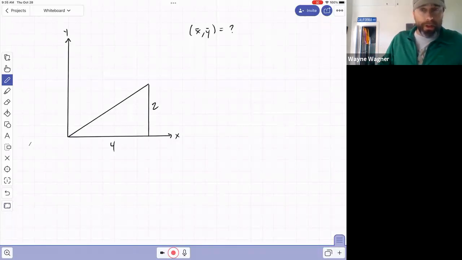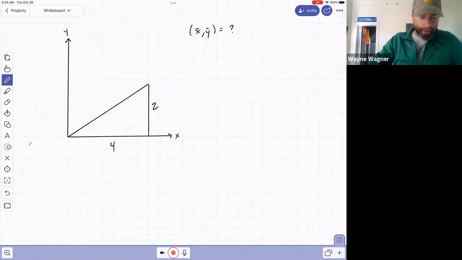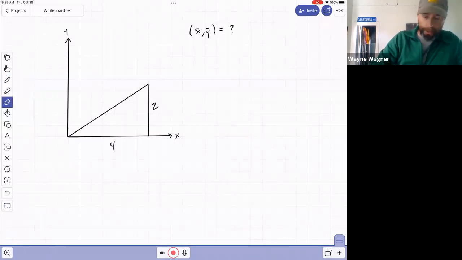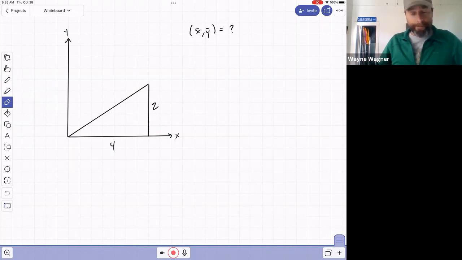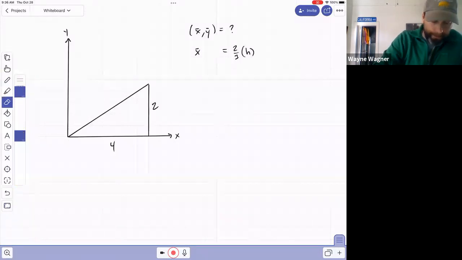What we proved yesterday, and I didn't use variables. A lot of times when people are introducing this concept, they will not use 4 and 2. They'll use B and H, B for base, H for height. But what we solved for X bar is that X bar ended up being 2/3 of the base, which was 4.